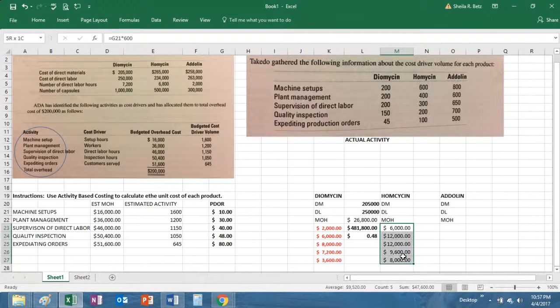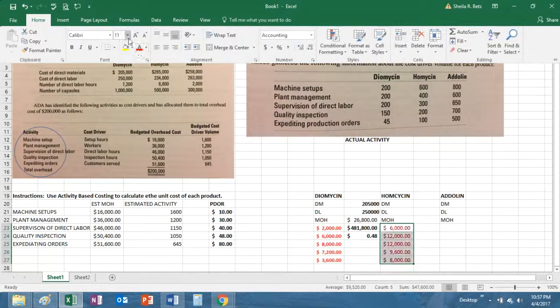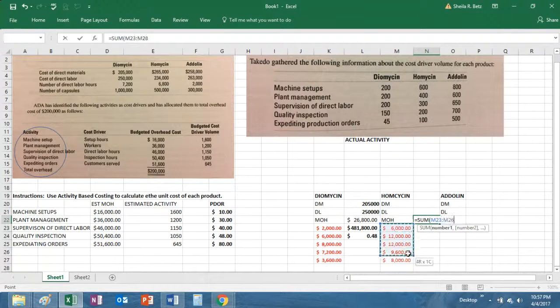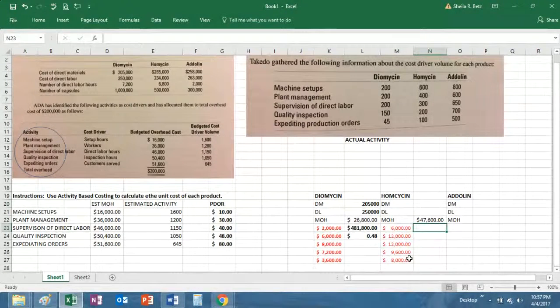Once again, these numbers mean nothing until we sum them up. And I'm just going to minimize them so you don't get stuck on those specific individual numbers. Sum them up, and the total overhead for homicide is $47,600. Let's move forward. Put in the direct material information that's given over here at the beginning of the problem.